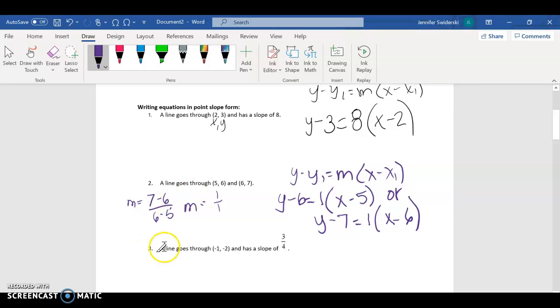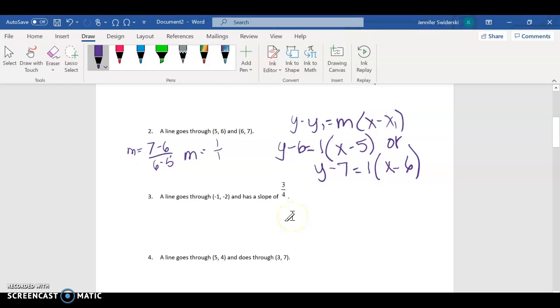All right. Number 3, a line goes through -1, -2, and has a slope of 3/4. Let's write it in point slope form. So again, we have y minus y1 equals m times x minus x1. They're going to try and trick you here, because remember, -1 is my x point, -2 is my y. Watch what happens. Y minus y1, well, what was y1? -2.